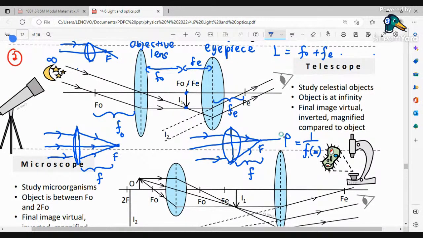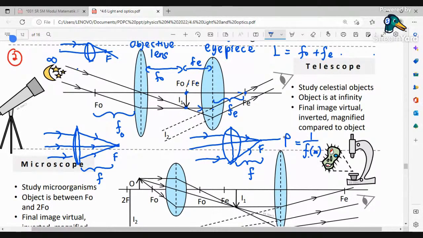Then what happened next? This I1 will become the object for the eyepiece because we have two lenses. Light ray coming from I1, okay. This one is parallel to the principal axis, so it refracts and passes through the focal point, FE. Okay, nampak sini. Okay, F. And then the other one passing here will be parallel to the first one.